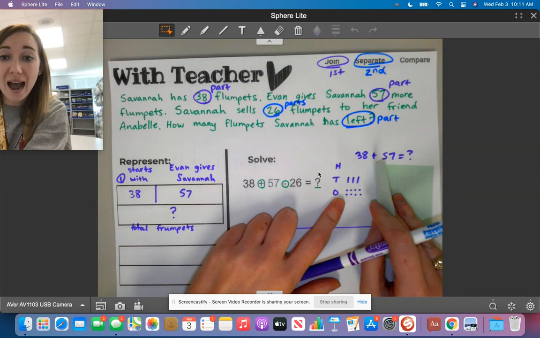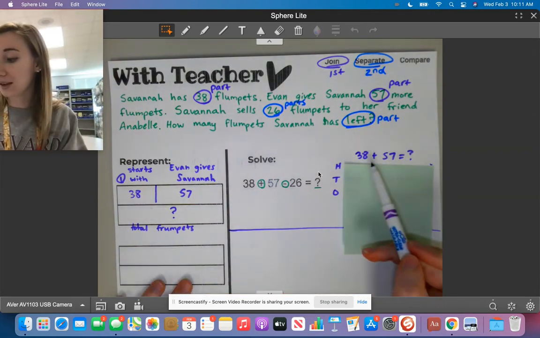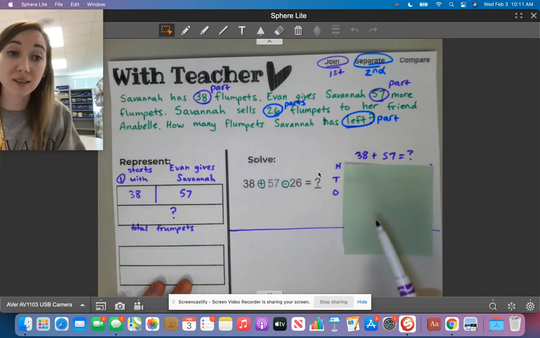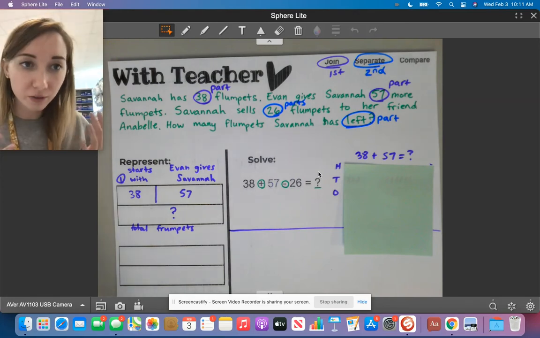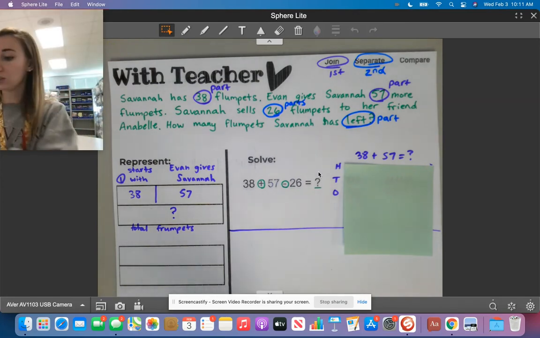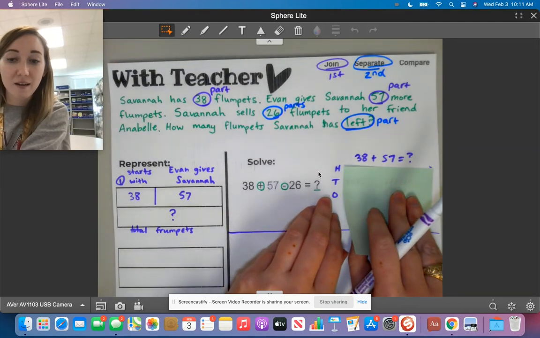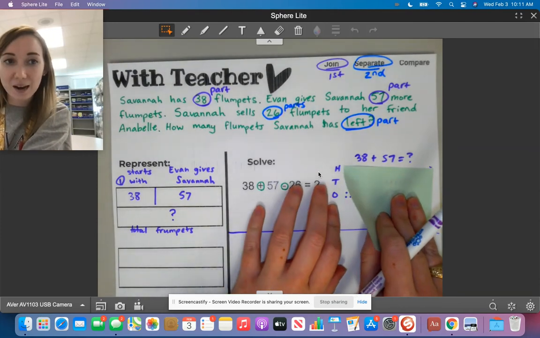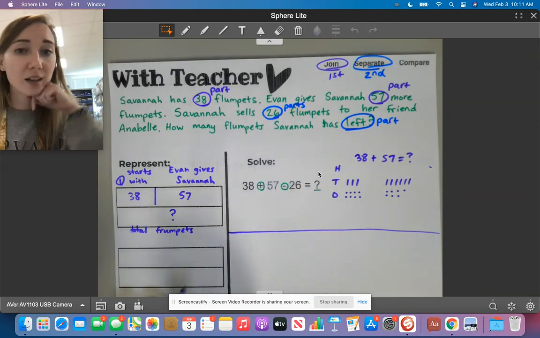And because we're adding, we do want to draw and represent both of these numbers. And that's going to be important because that's what we are adding. So we have to be able to count all of them, right? So when we add, we do draw both. So what do I need over here on the other side? I need 5 tens and how many ones? And 7 ones. Check my work. Did I do that correctly? What do y'all think?